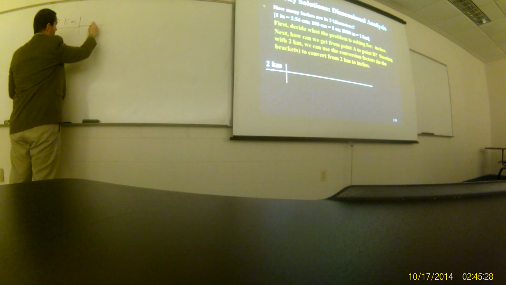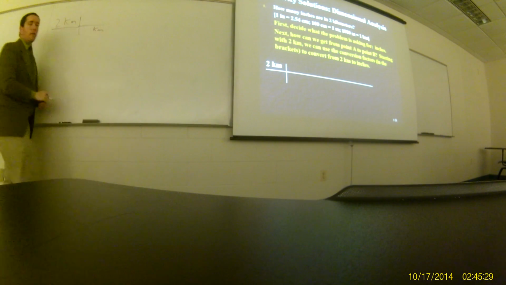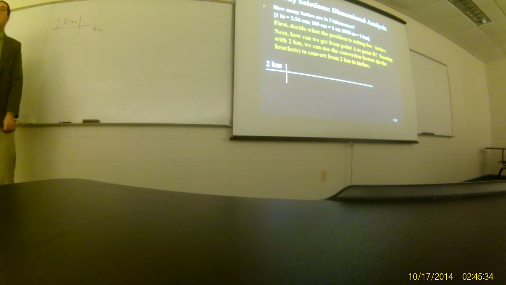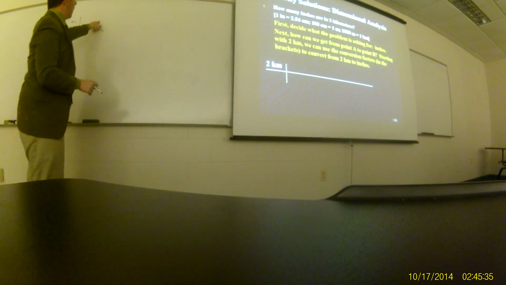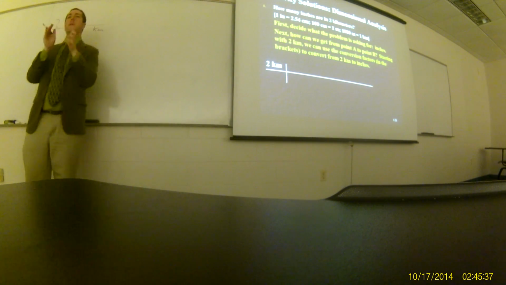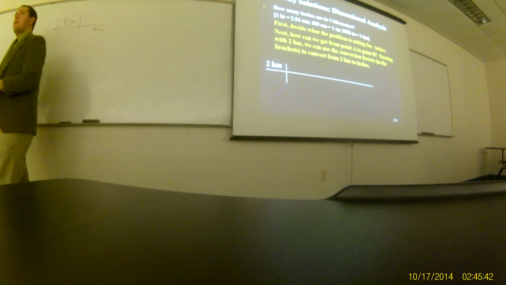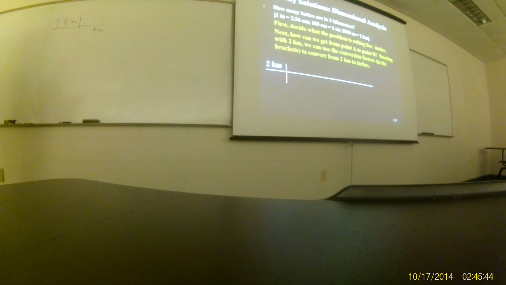So I've got 2 kilometers. I'm going to draw a grid. Kilometers goes there. Always. That unit goes there. I now have to figure out what unit I want to put here. In a perfect world, I would put inches up there. But do I know a conversion factor to go from kilometers to inches? No, I don't.